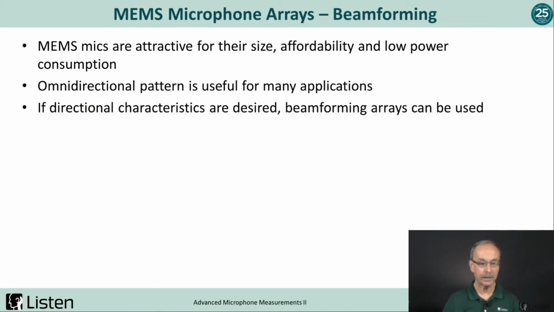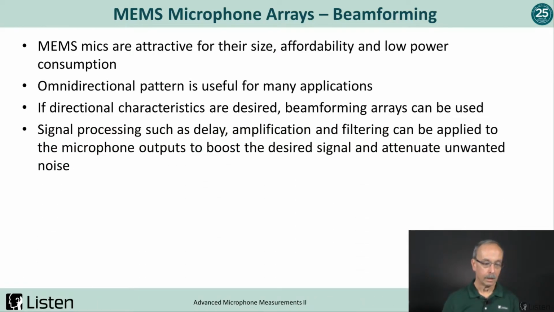But if directional characteristics are desired, then we can start using multiple MEMS mics for beamforming arrays. And we might include signal processing, such as delay, amplification, and filtering. And these can be applied to the MEMS microphone outputs to boost the desired signal and to attenuate unwanted noise.